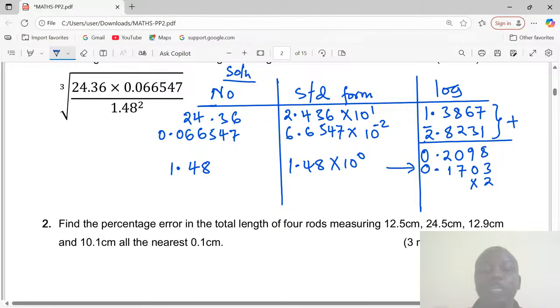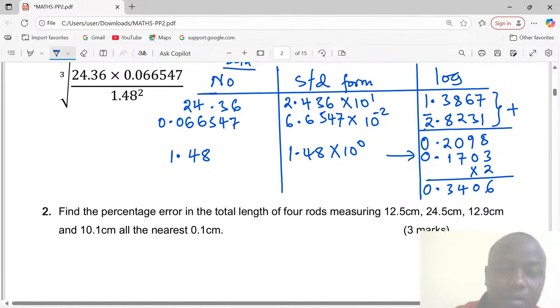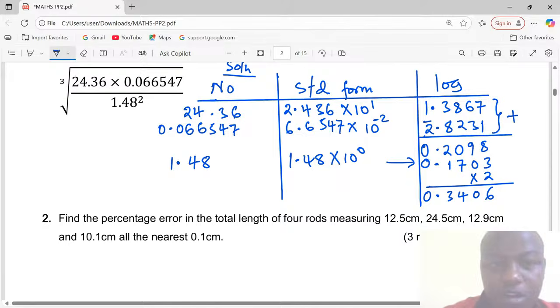If it had been cubed, we would have multiplied by 3. If it had been raised to power 4, we would have multiplied by 4. So we multiply by a value equal to the power. So now we multiply this by 2. We get 6, 0, 4 carry 1, 3, then 0 at this point. So we've squared now, which is equivalent to multiplying the log by 2.